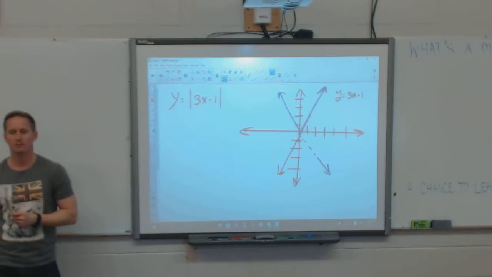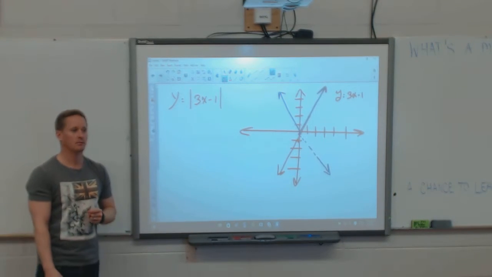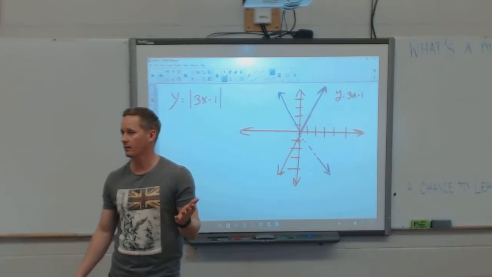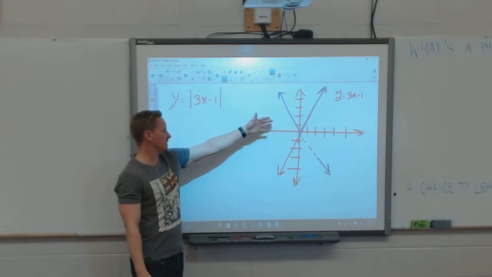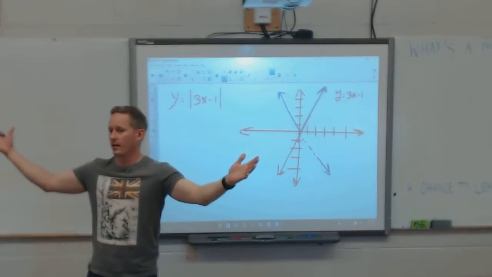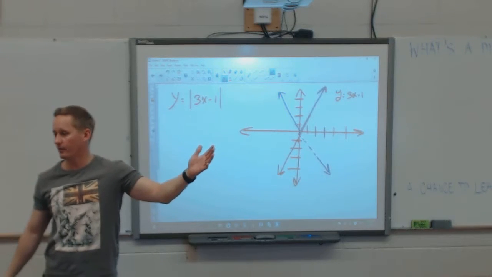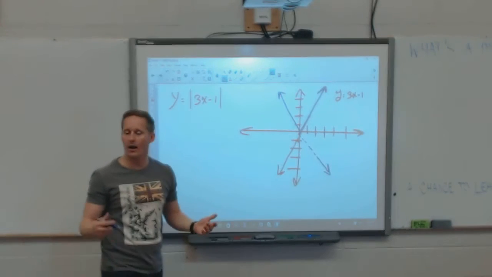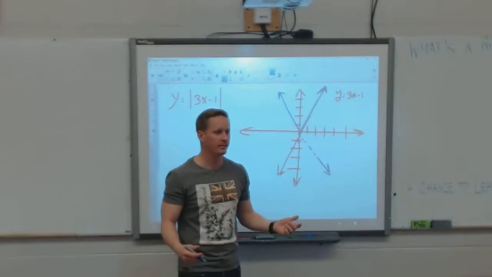No, domain. X is an element of all reals, right? It's a line that I just converted into this V shape, but it goes up and out forever. So that's your domain. What is my range though? Y is greater than or equal to 0, correct?